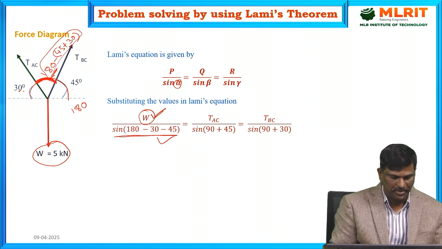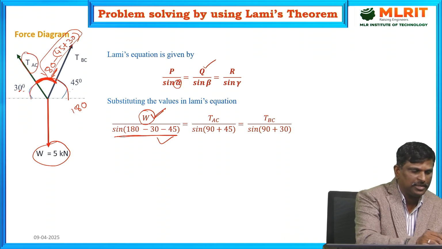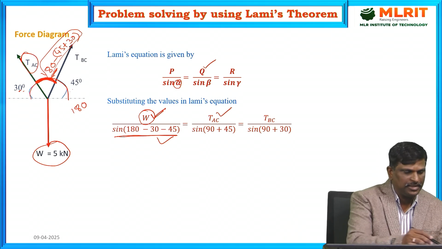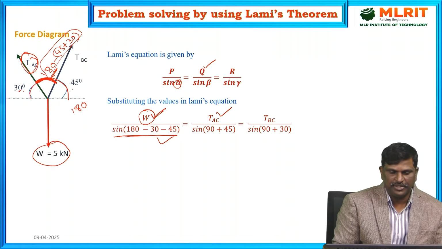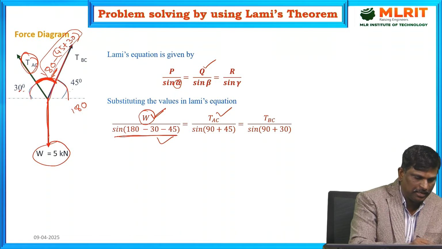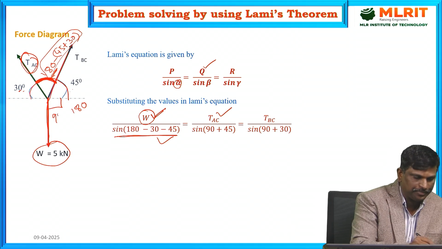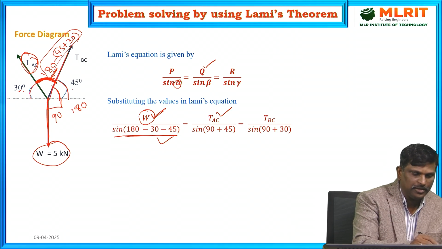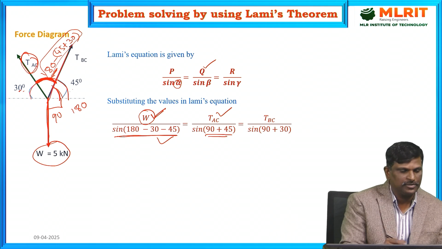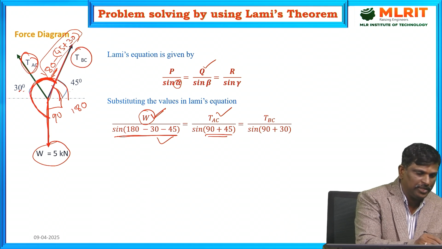Then take any one force, that is TAC, divided by sine of angle between other two forces. Here the angle between TBC and W is 90 plus 45. Finally, TBC divided by sine of angle between W and TAC.